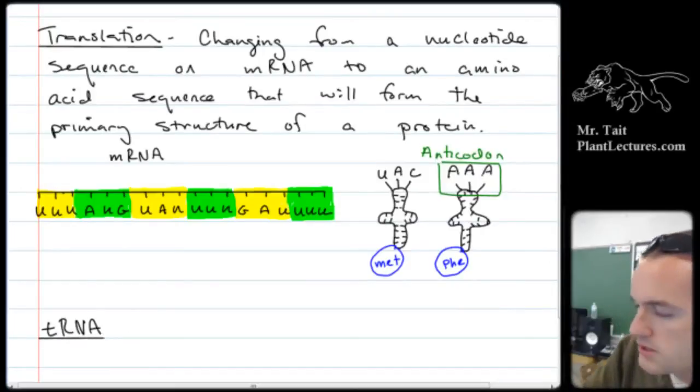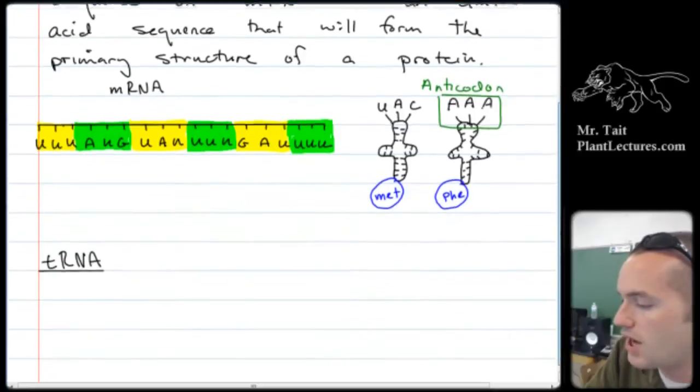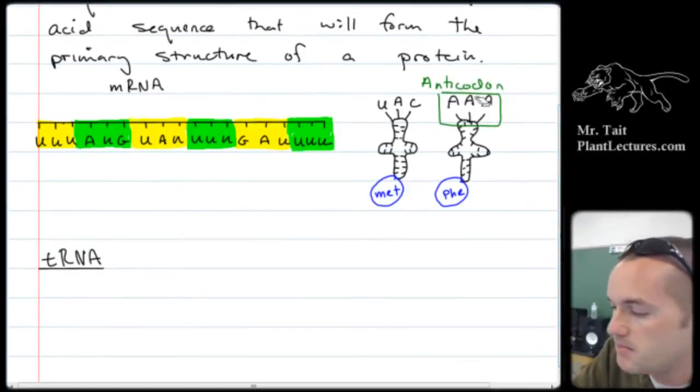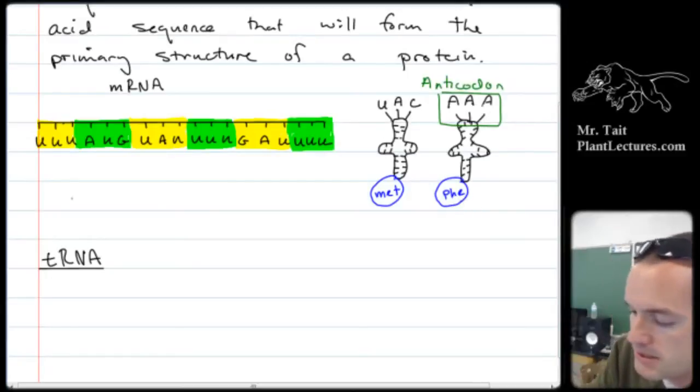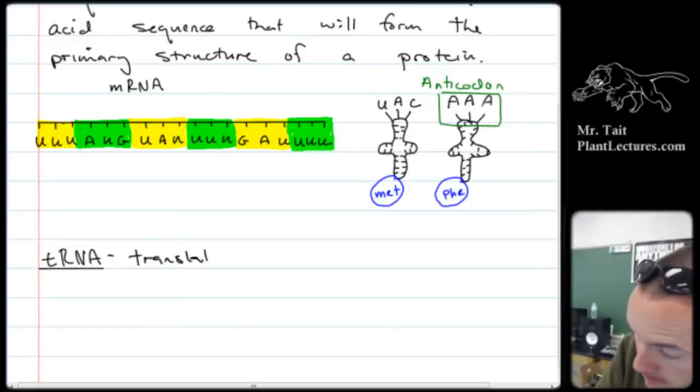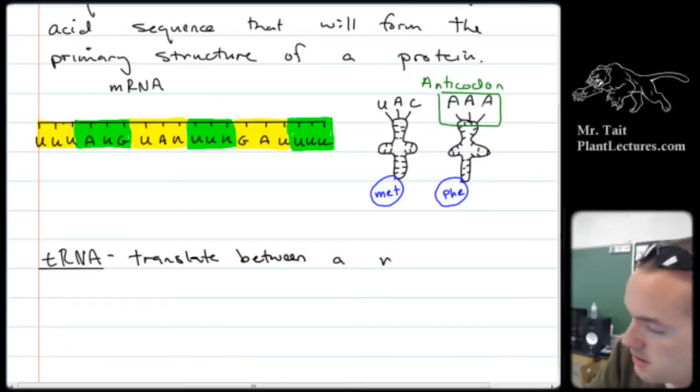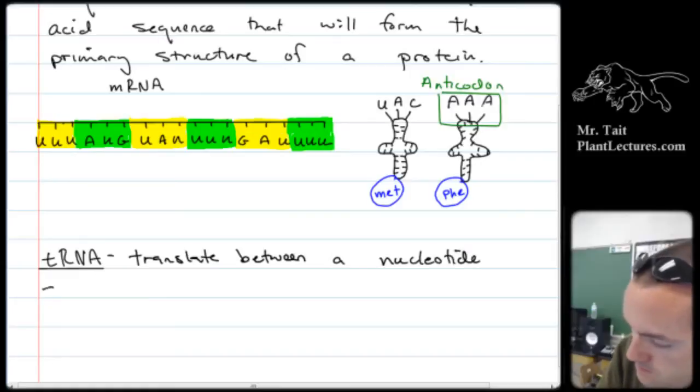And tRNA is called transfer RNA, but its main job is to translate between a nucleotide sequence and an amino acid sequence.